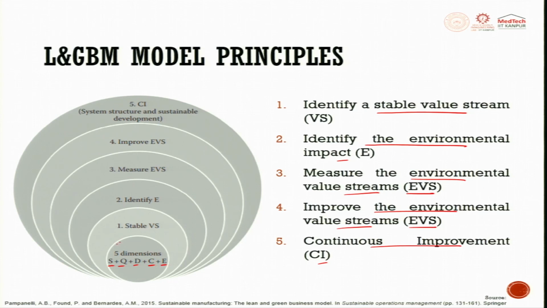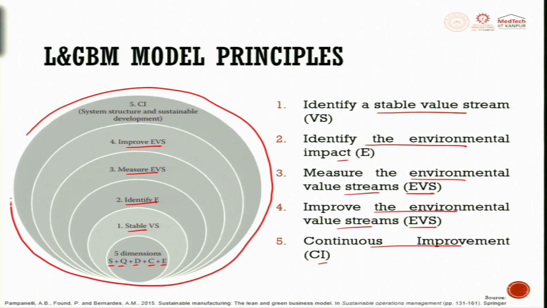So we try to develop a stable value stream system. We identify the environmental impact, measure the environmental value stream, try to improve it, then continuously keep on doing this to have the overall LNGBM, that is lean and green business model.